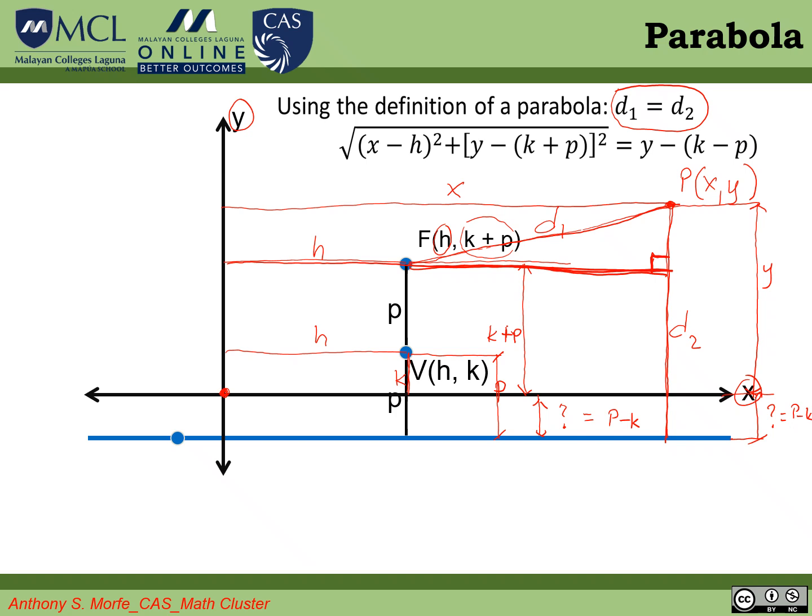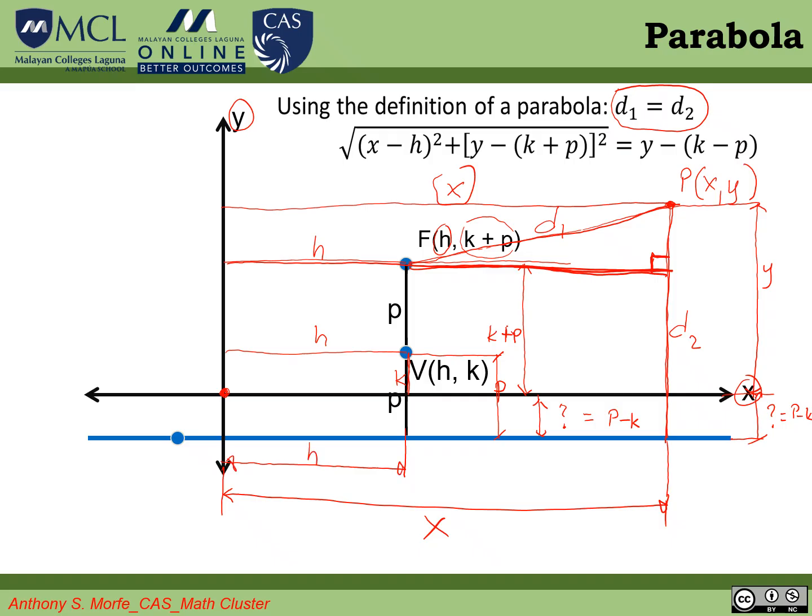Alright, so look at this, class. This distance from the y-axis is just the same as x, diba? This is just the same as x. And the distance from this point, if you draw a line, you prolong this line, this is h, right?